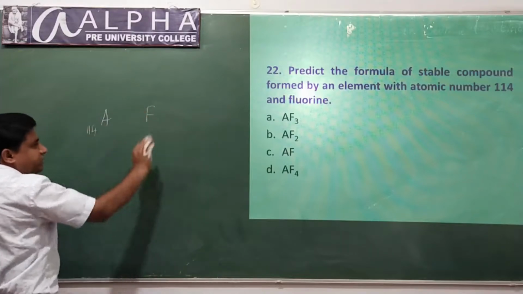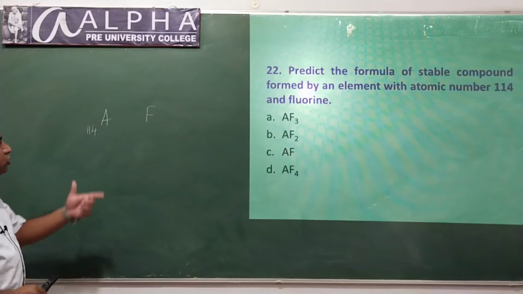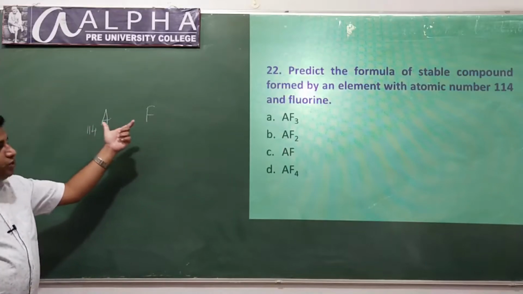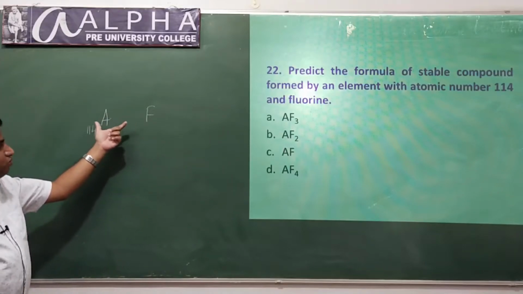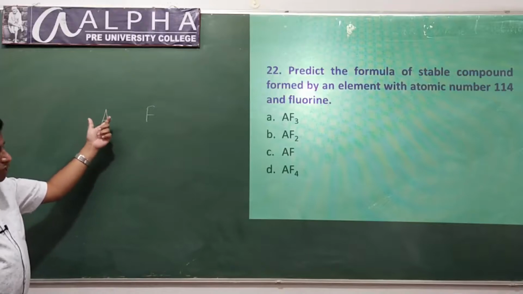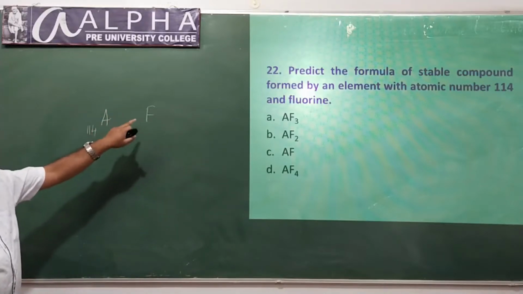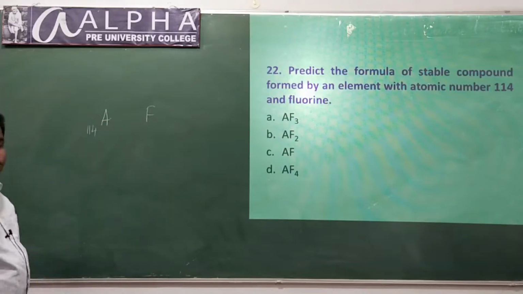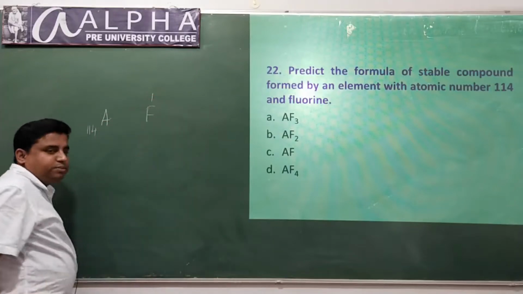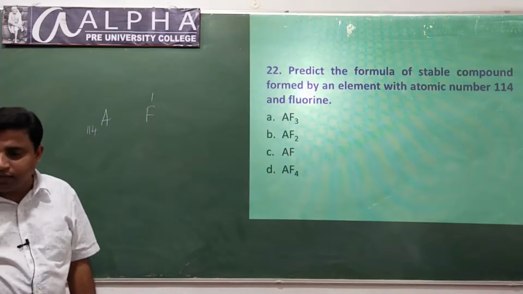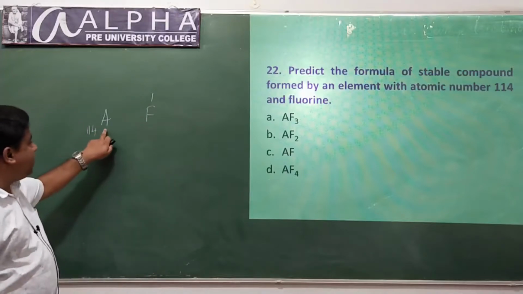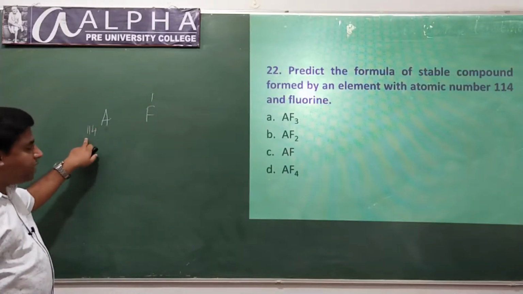We should predict the formula of the compound formed between these two elements. Fluorine is a halogen. What is the valency of halogens? Halogens will exhibit a valency of 1, no doubt in it. Then what about the valence of the element with atomic number 114?